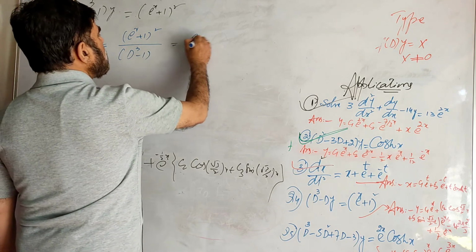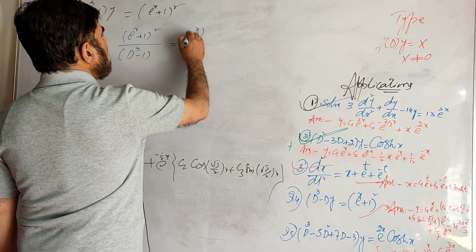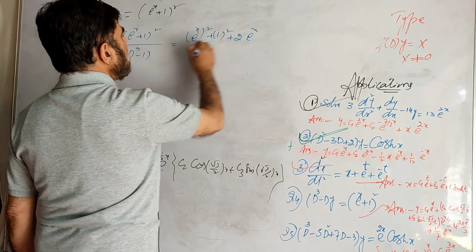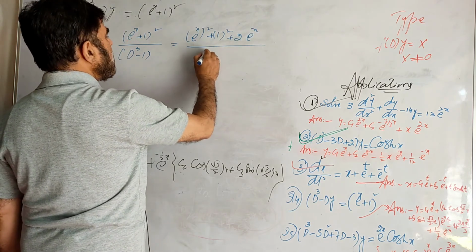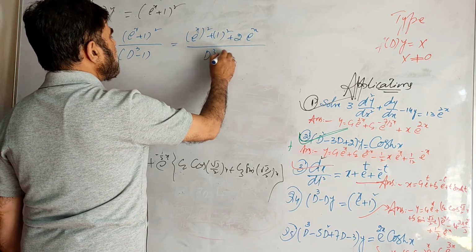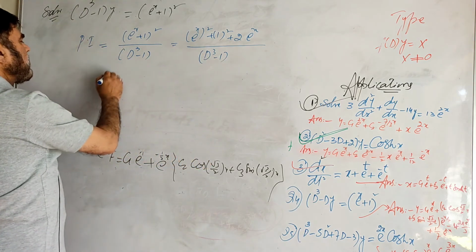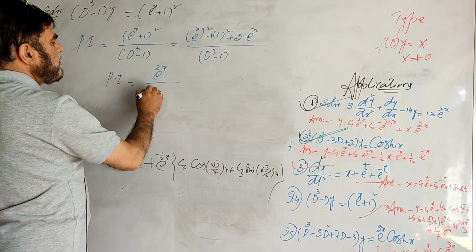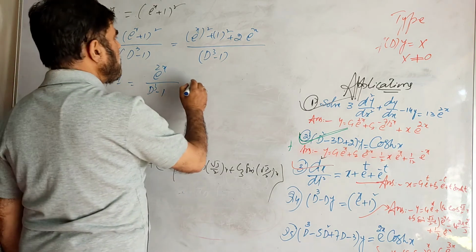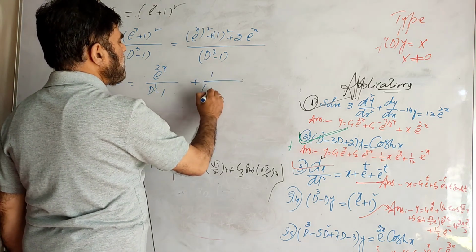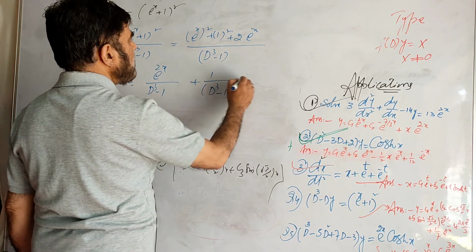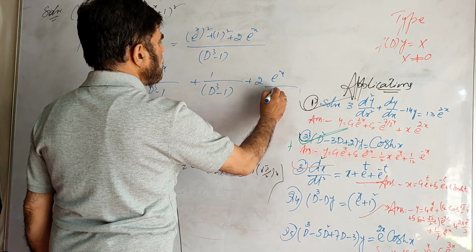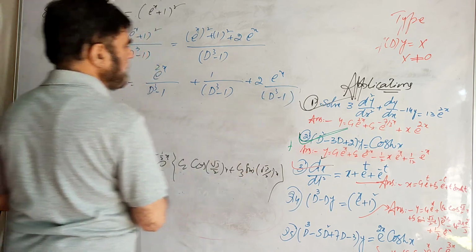It is your e raised to power 2x, e raised power x square plus 1 square plus twice e raised power, I will open it because I have the rule for exponential, it is d cube minus 1. Okay, this is particular integral. I will write e raised to power 2x by d cube minus 1, one part, plus 1 by d cube minus 1 plus 2 e raised power x by d cube minus 1.